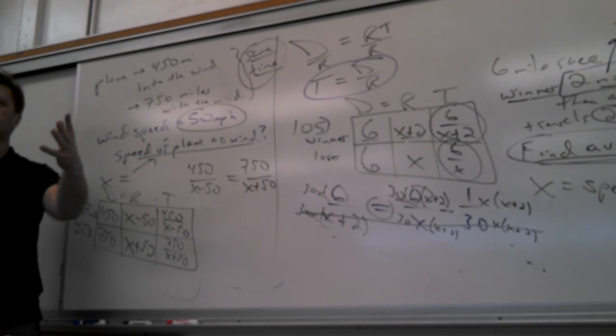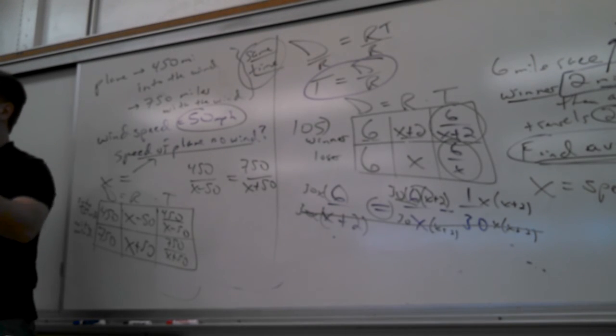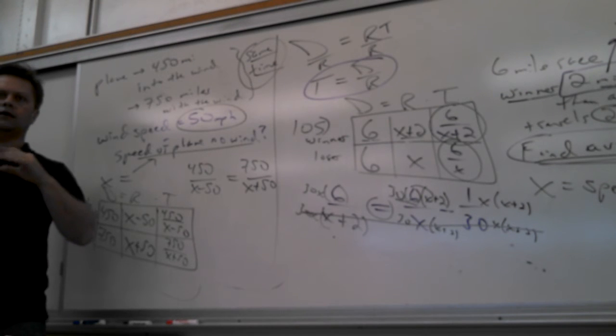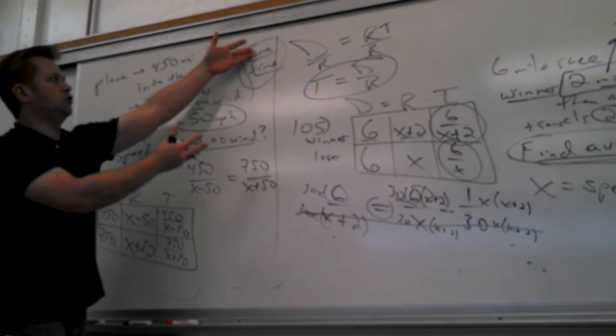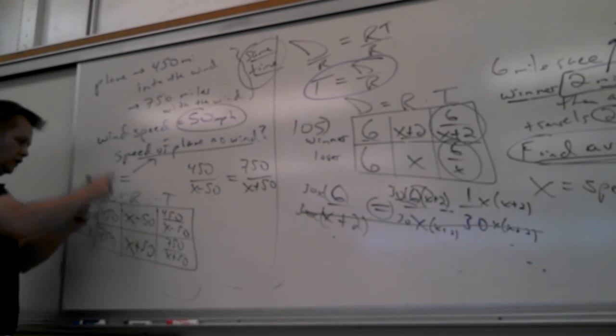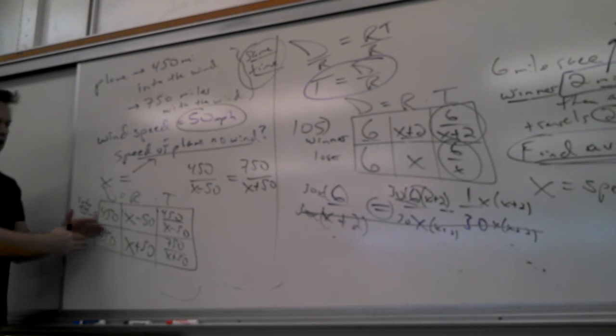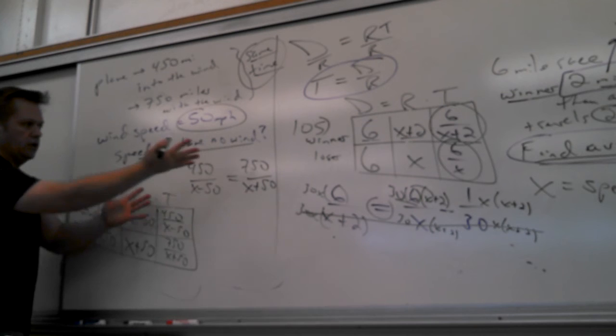I kind of understand your question, but that's why algebra is necessary in the world, believe it or not. I have pieces of a problem I don't know, but I have this general thing that I know. I don't know what the time is here, because I don't even know what the speeds are. But thankfully I can make an expression for the times and then make them equal to each other.